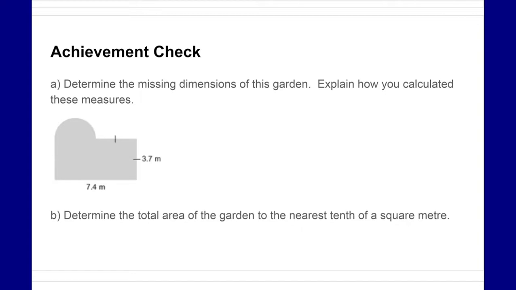So what we want to do is find the missing dimensions of this garden and then determine the total area. So some easy things first, obviously with the dashes, they are the same measurement, 3.7 meters.